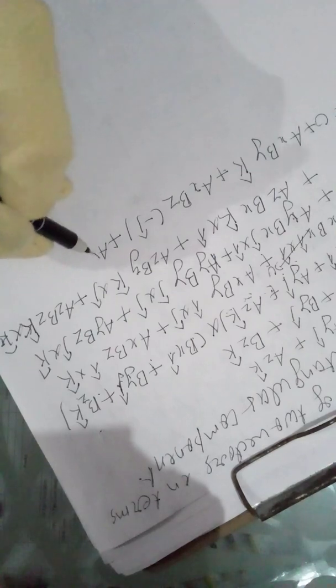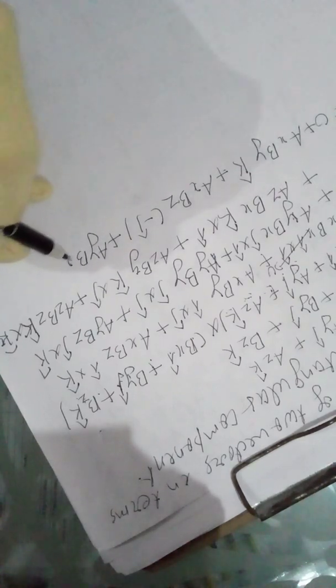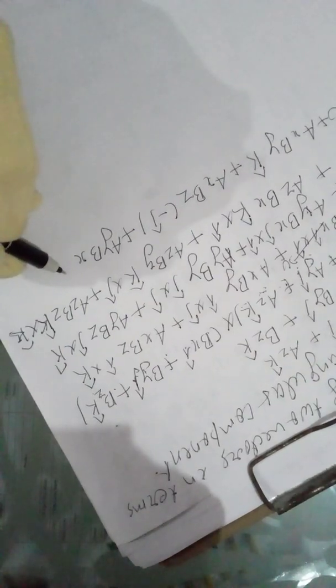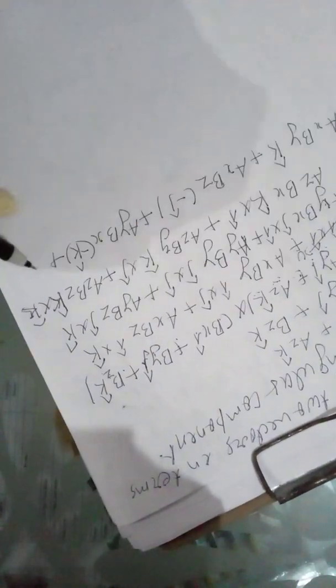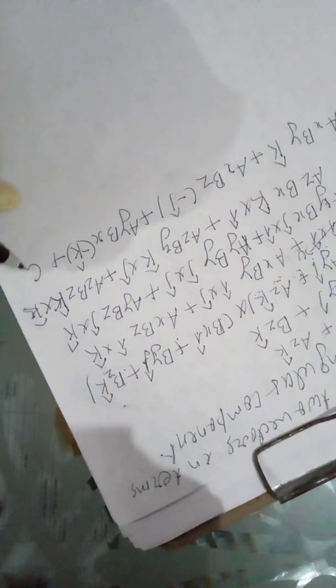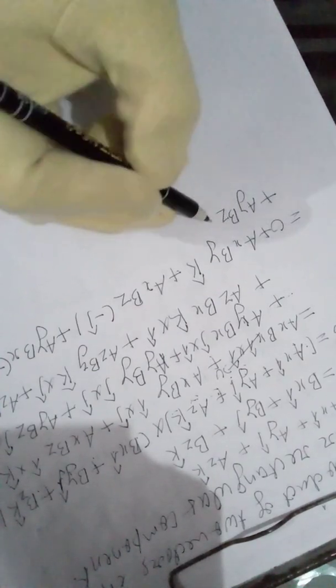Plus ay bx, j cross i gives the third vector k, anticlockwise, so minus k. Plus j cross j is a like vector, so the product is 0. Now ay bz, j cross k is i.